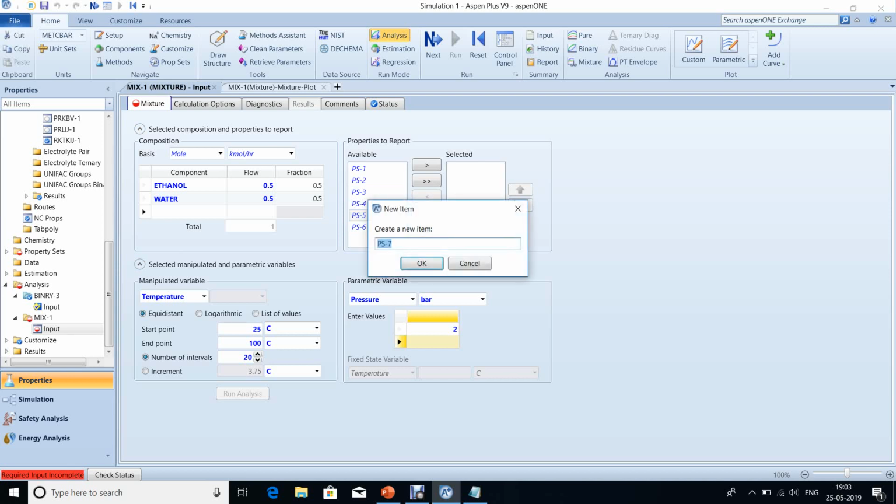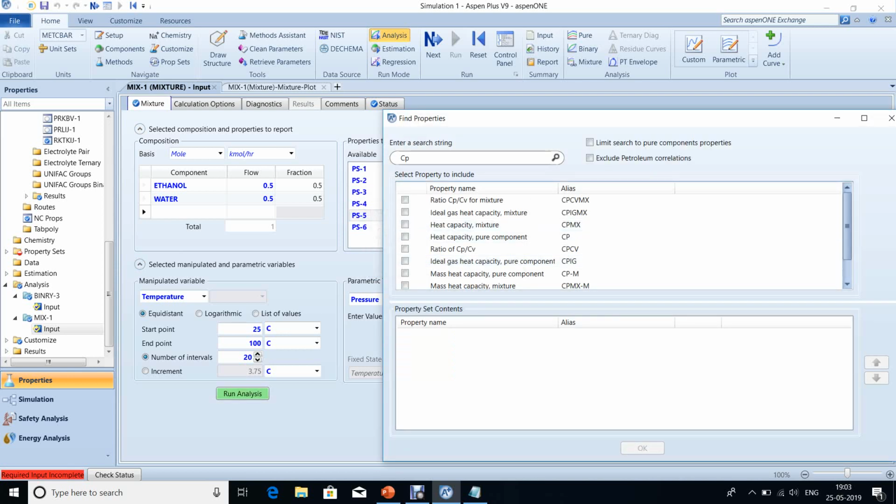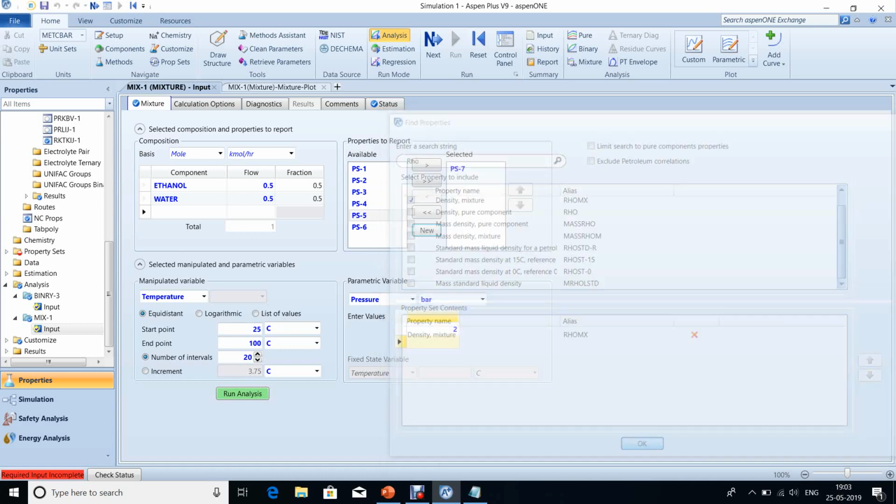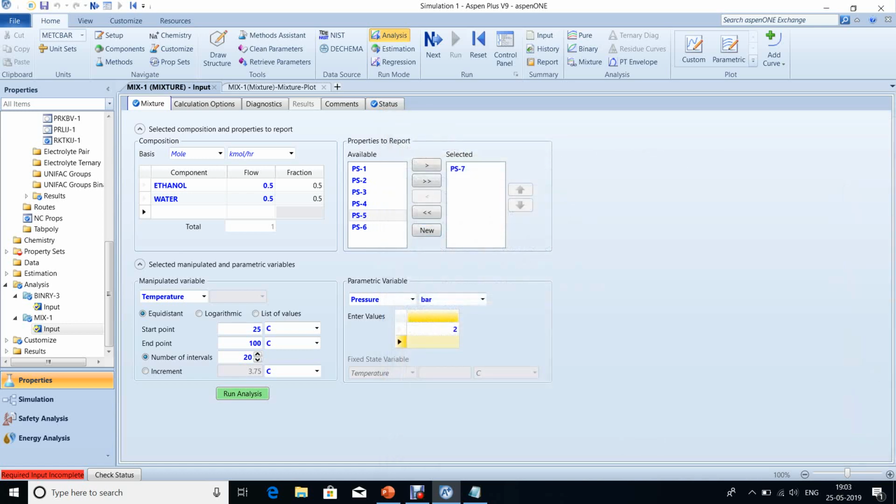properties of the mixture. Let's say I am defining something else, maybe rho, that is density of mixture. I don't know again whether this will be shown or not, but that's how we can do it. I will run the analysis.